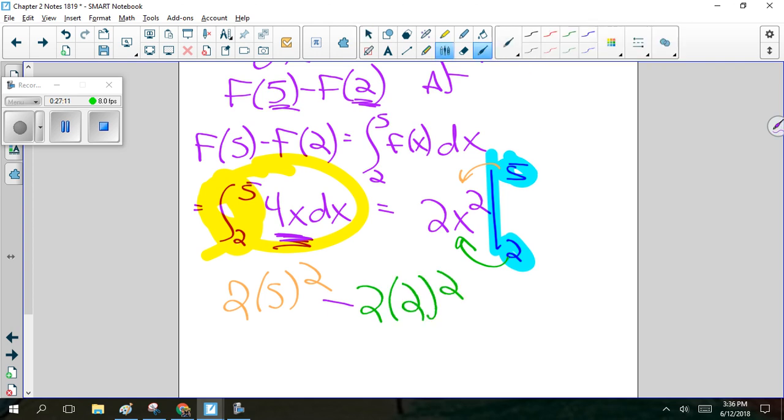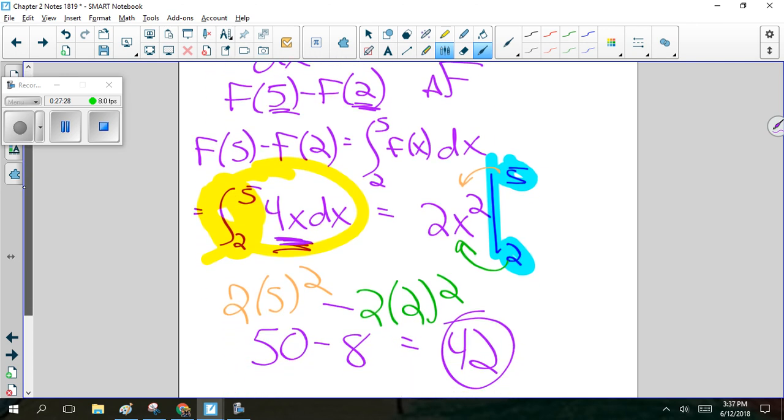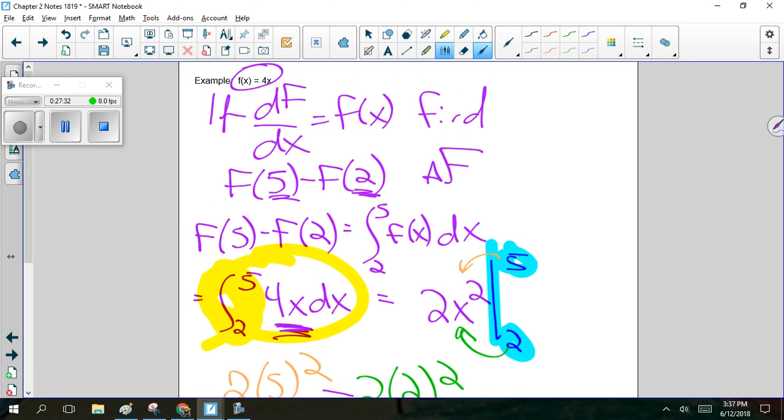And so 2 times 5 squared is 50, minus 2 times 2 squared is 8. 50 minus 8 is 42. All right? There you go. Now, what does this represent? That represents the area under the curve, right? We just got 42. So let's see if that works. We just found the area between 2 and 5, and we got 42, didn't we?